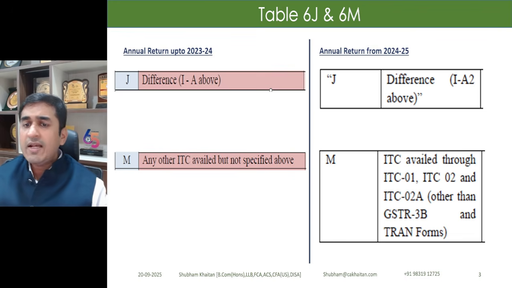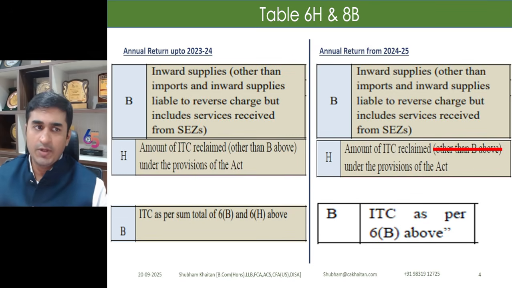So 3B and Tran1 forms have a separate place to report, but ITC 01, 02 and 02A are going to be reported here. So if I am going from exempt to taxable supply, or I am transferring my business, all of that, if I am taking any ITC, would be reported here.